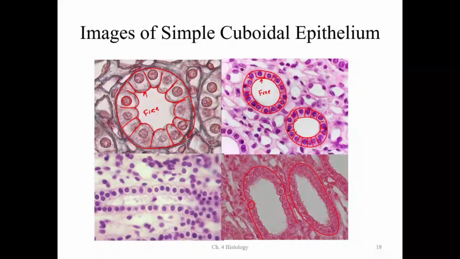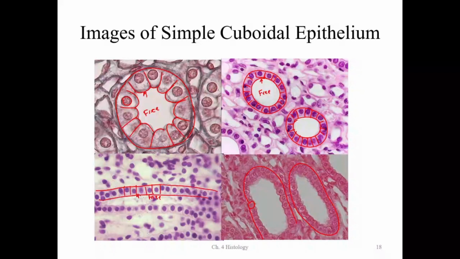Okay. Now, this one, let's say that I took a tube and looked at it from the side, and I cut it so that I can see the two edges. That's what we got here. And here's the free surface. Right there's the free surface.